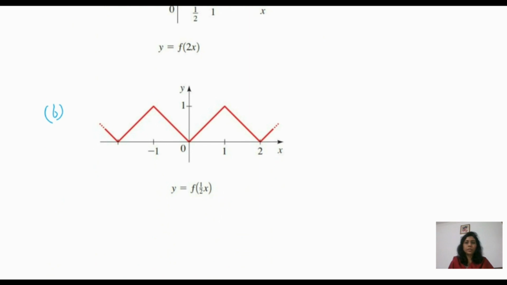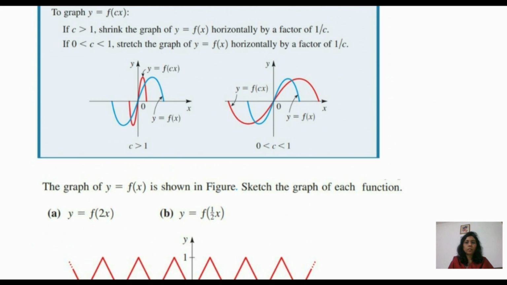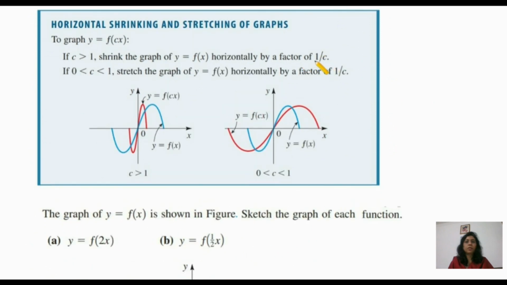Okay, because here it says a factor of 1 upon c. Okay, so very simple. If you know this rule, you can graph very easily, and horizontal shrinking and stretching is really easy on graphs.